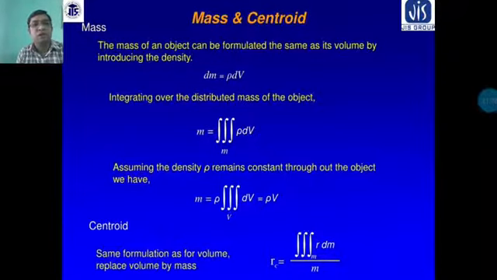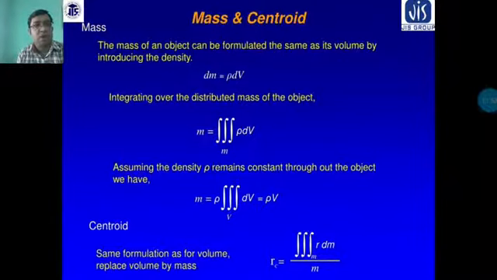Volume, mass and density are correlated to each other, so the small quantity of mass equals rho times the small quantity of volume. We integrate over the distributed mass of the object.